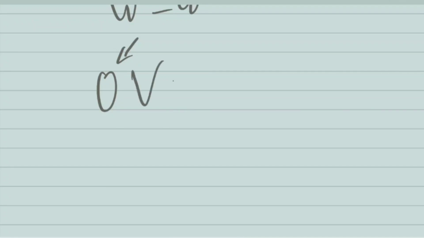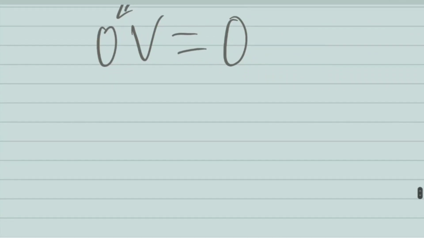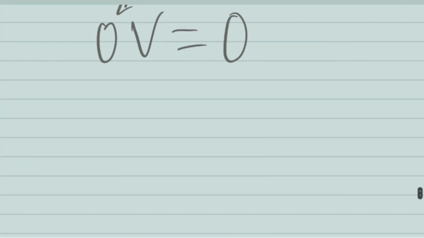Okay, the other proposition is that, take some scalar 0 in F, and we're going to multiply that by some vector v. The proposition is that this equals our additive identity.